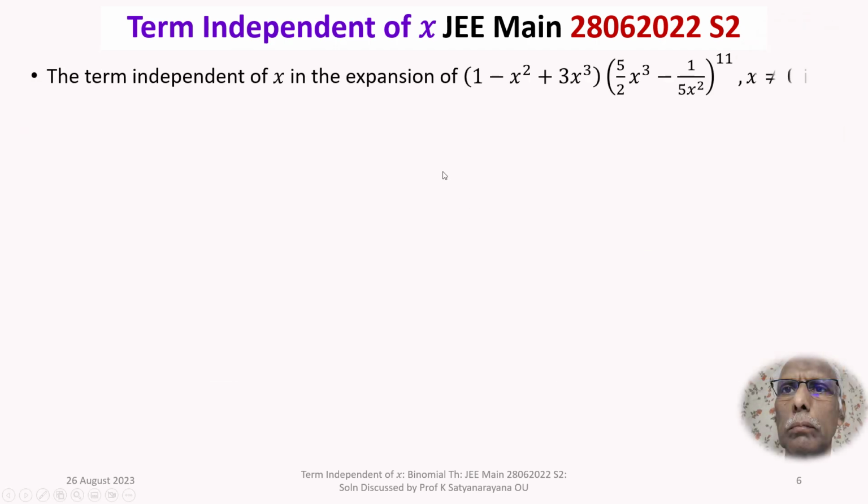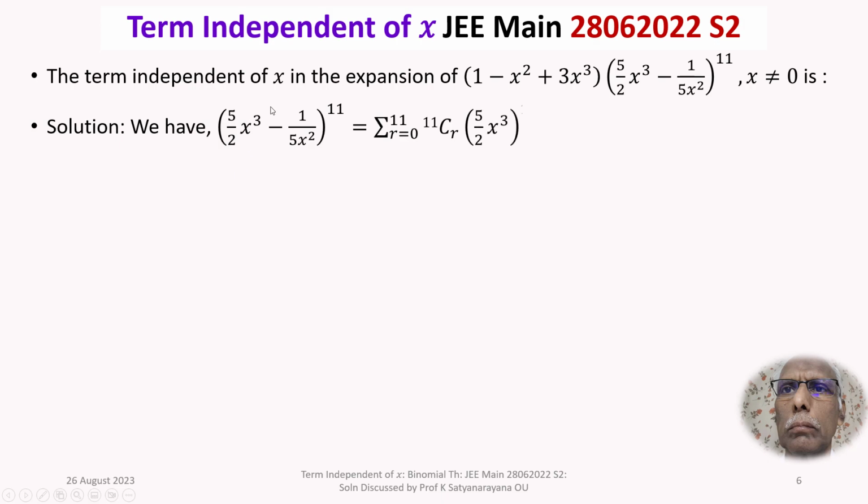We now discuss the solution of the problem in detail. We have (5/(2x³) - 1/(5x²)) to the power of 11. First we take this and write down its binomial expansion.